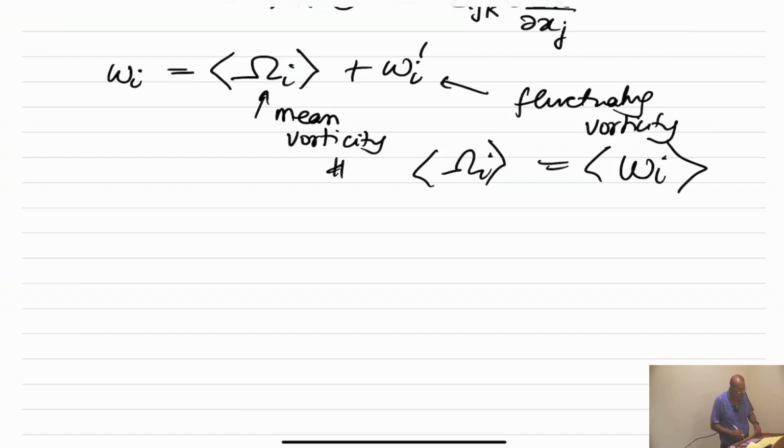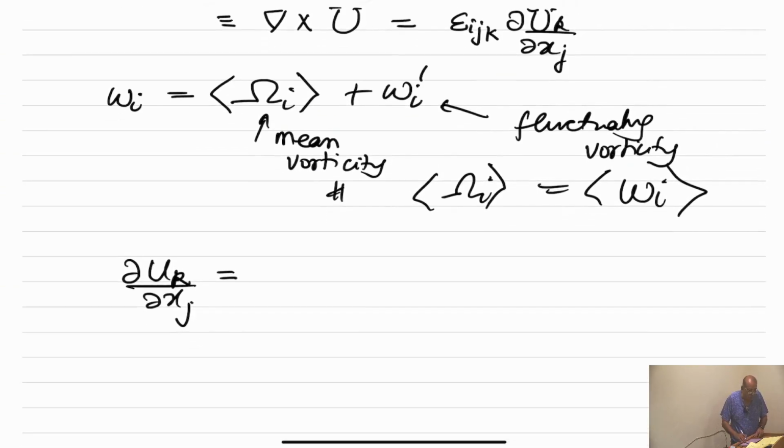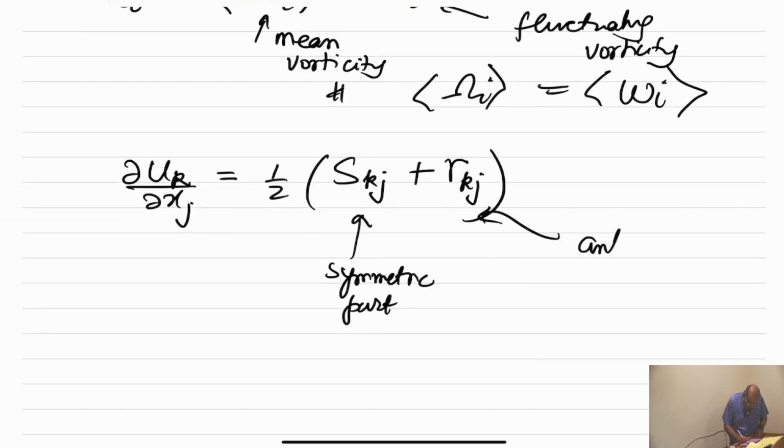Okay, now if we look at duk by dxj, this we can write as half of, again these are all instantaneous so there is no bar, this is the symmetric part and this is the antisymmetric part of it.